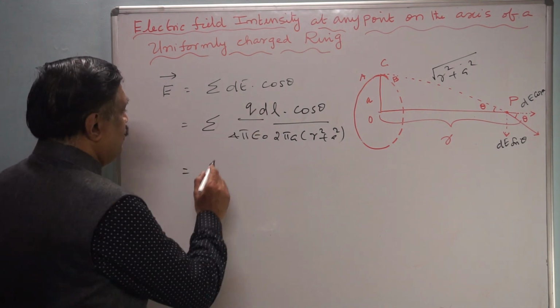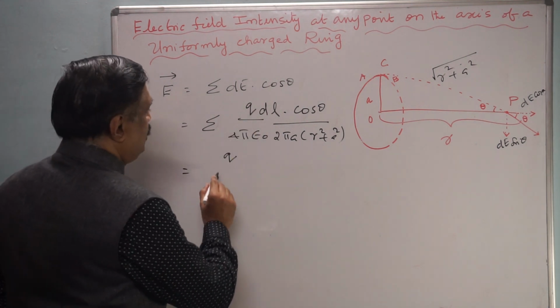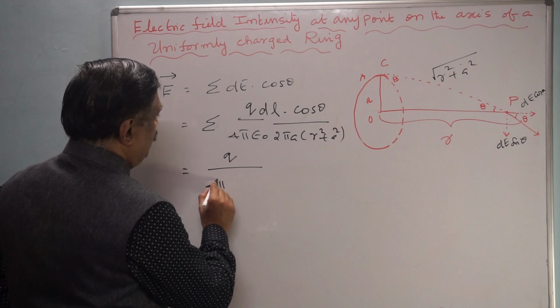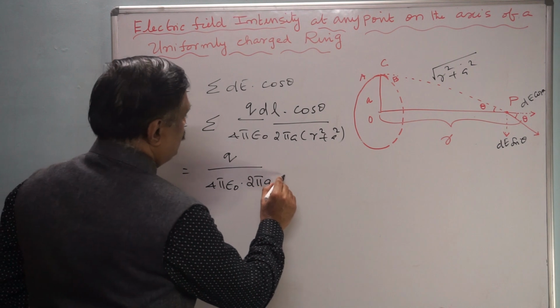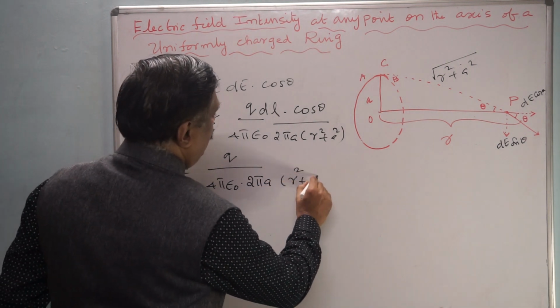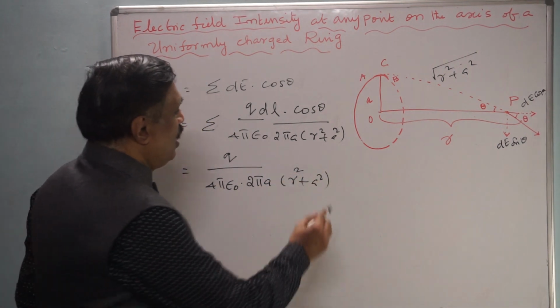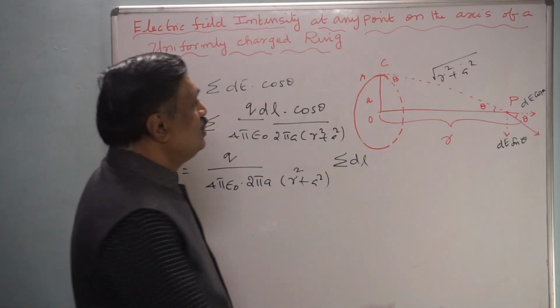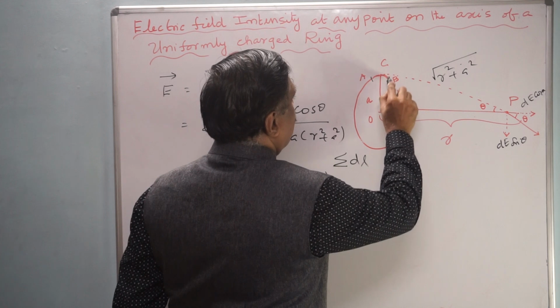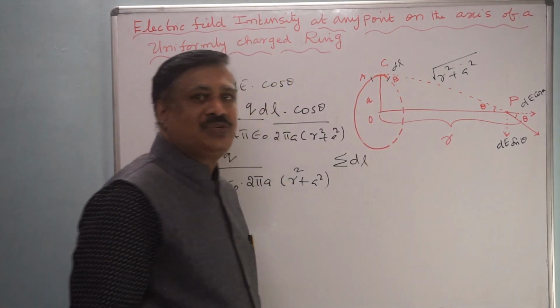Because q is a constant, 4 pi epsilon 0 is a constant, 2 pi a is a constant, r squared plus a squared is a constant, and we have sigma dl. dl means this small element length.